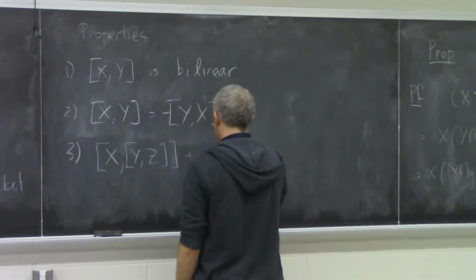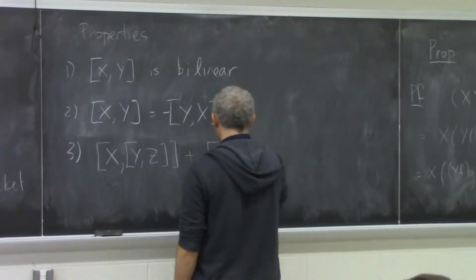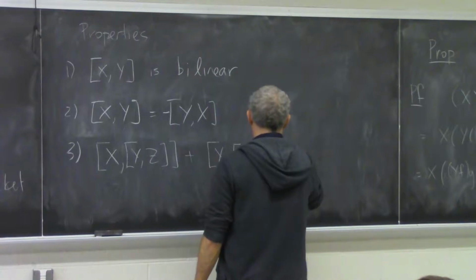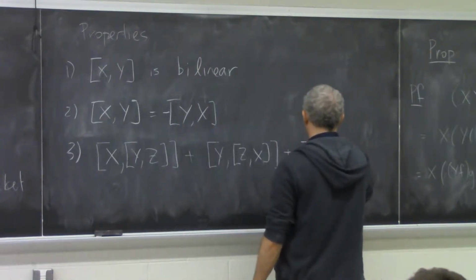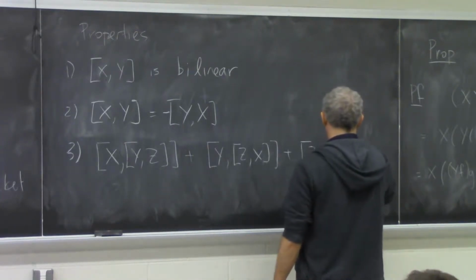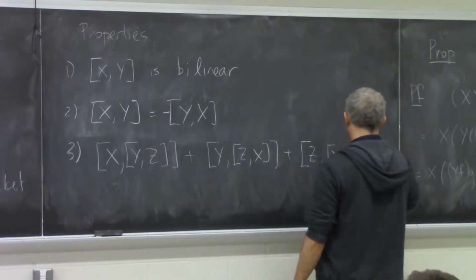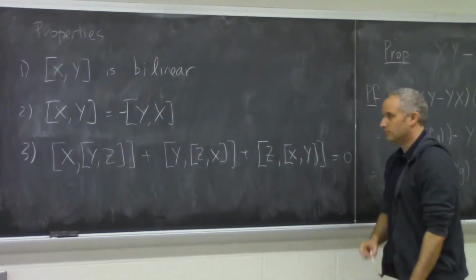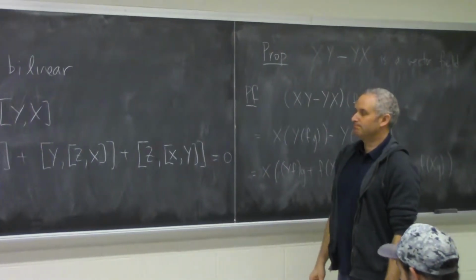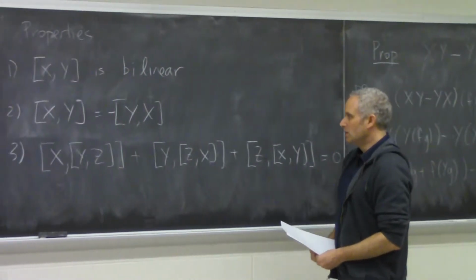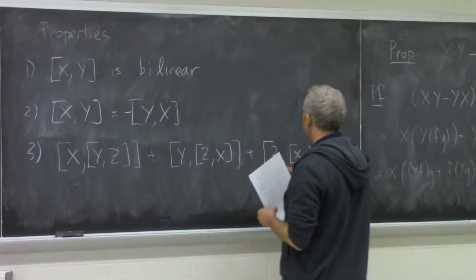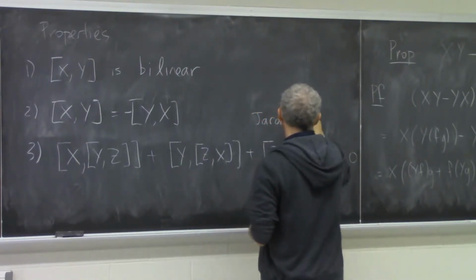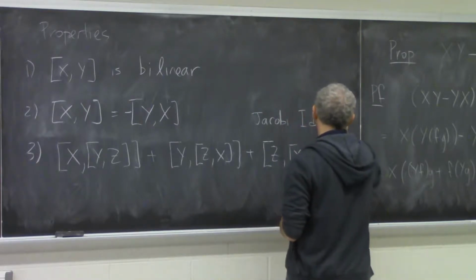And then if you cyclically permute the things that appear here, you get 0. So this is something which you may see in other contexts. So this is the Jacobi identity.